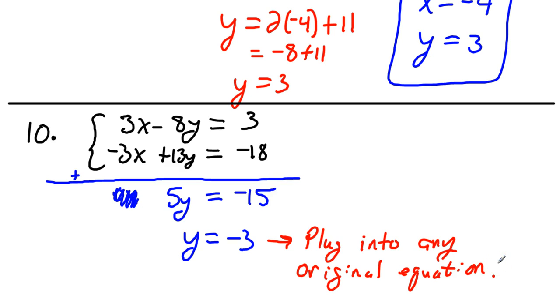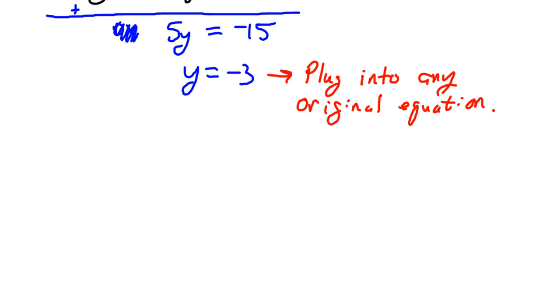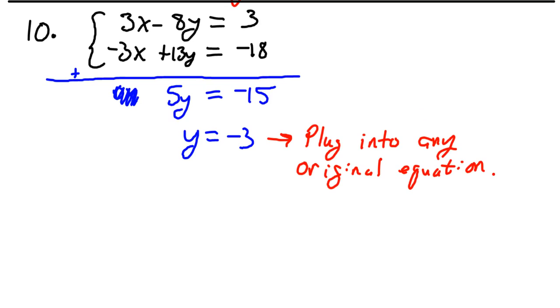Now the difference on this one from the first one is that, because of substitution, there was a definite easier one to pick to plug it into. For this one, there's not an easier one. Really, it's going to be the same either way. So it's just a matter of which one you want to use. So just pick one, it doesn't really matter. If you want your x to be positive, let's go with the first one up here.